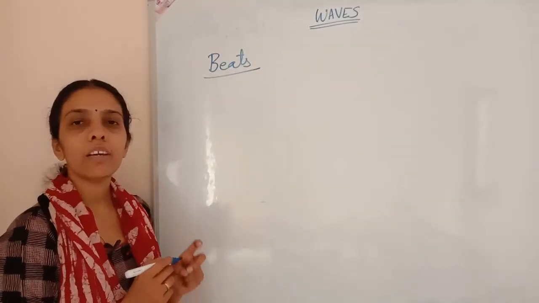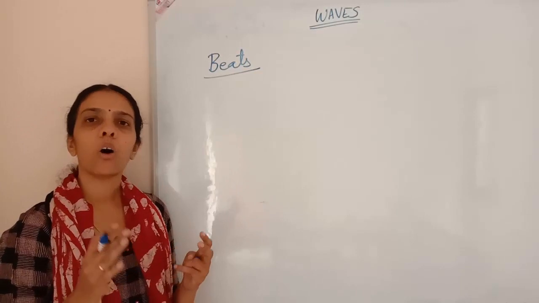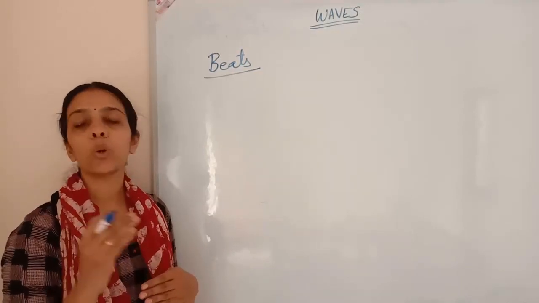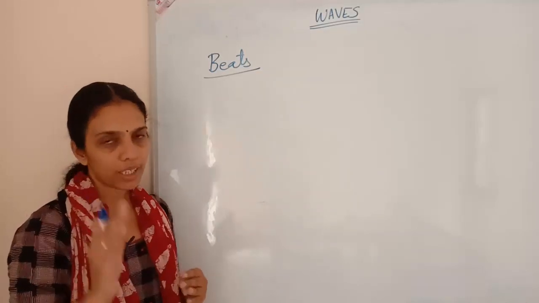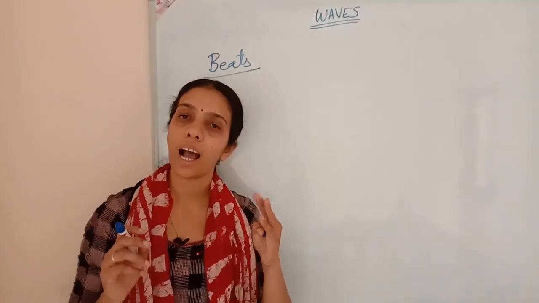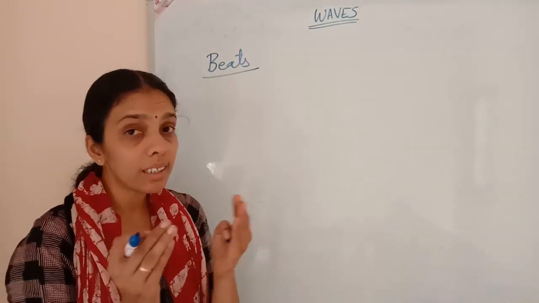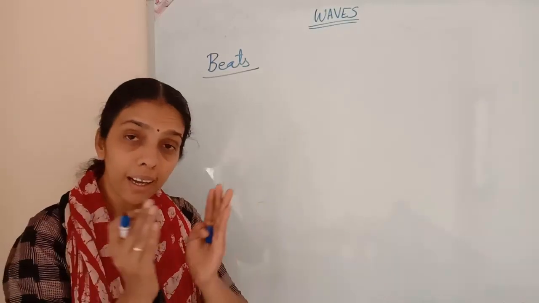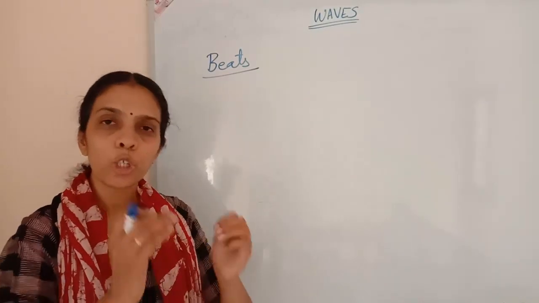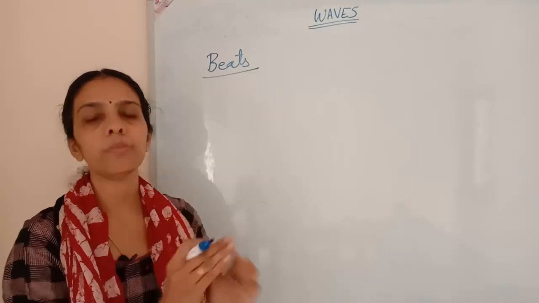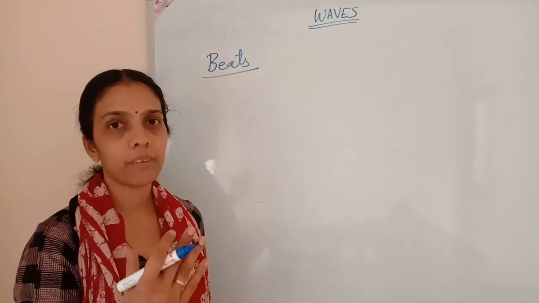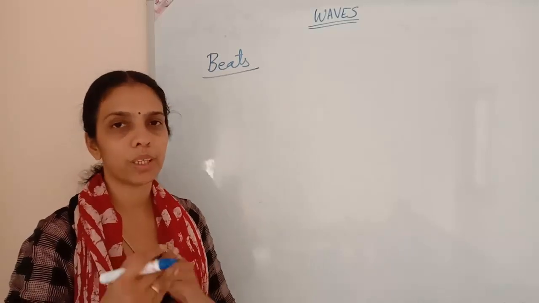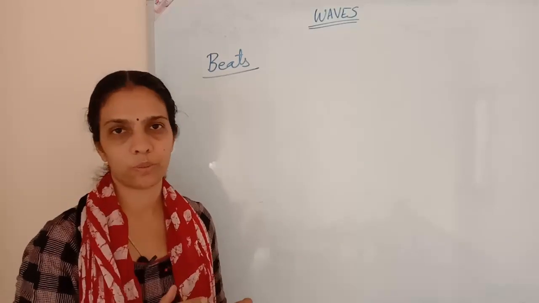Beats means, if two waves of nearly equal amplitude and nearly equal angular frequency superpose each other, we will get a wave. While superposing, we will get another wave, and along with that wave, we can hear something else also.